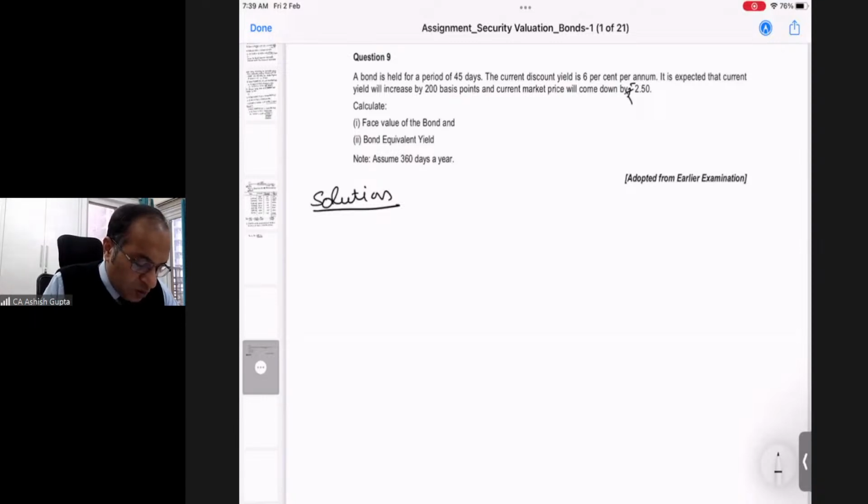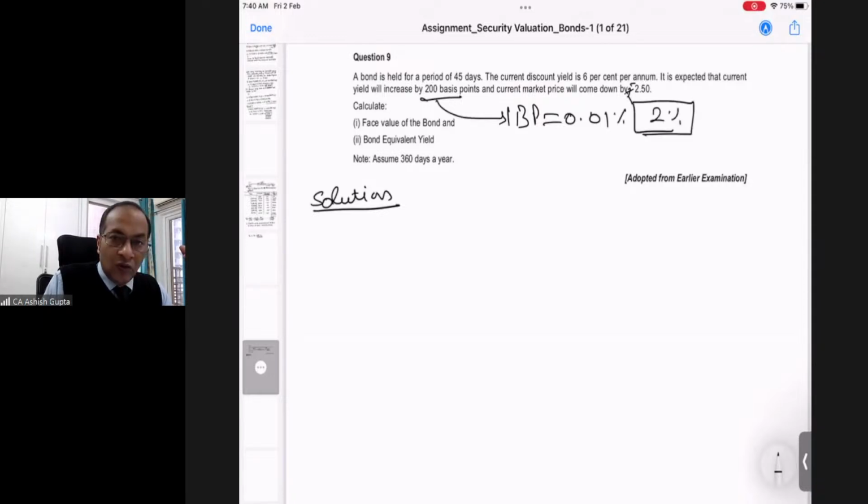As I told you in my previous class, 1 basis point is equal to 0.01%. Accordingly, 200 basis points means 2%. Okay, clear? So we have to compute first the face value of the bond and the bond equivalent yield.